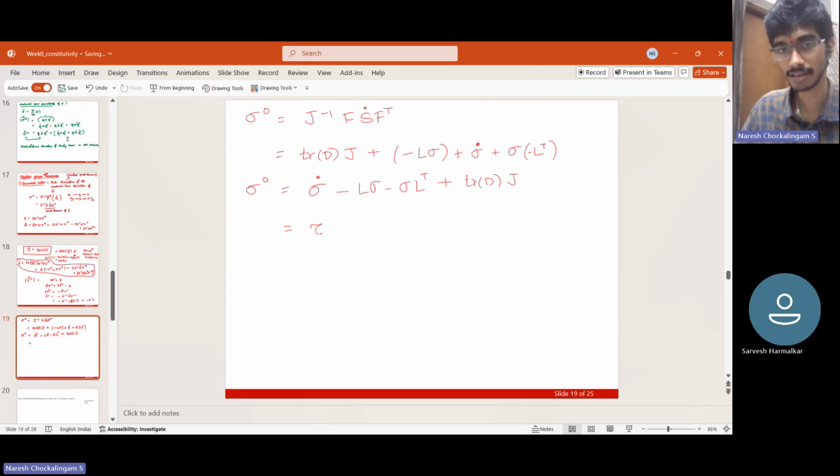It is nothing but the material time derivative of the Kirchhoff stress minus L times the Kirchhoff stress minus the Kirchhoff stress L transpose. So this is in terms of the Cauchy stress, and this is in terms of the Kirchhoff stress.